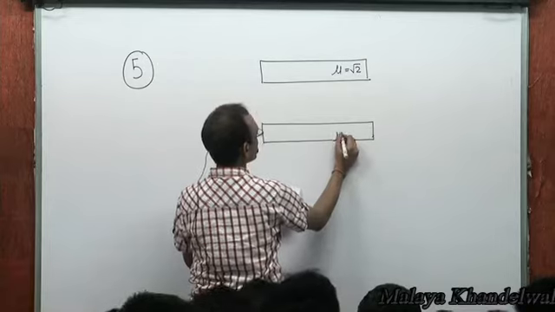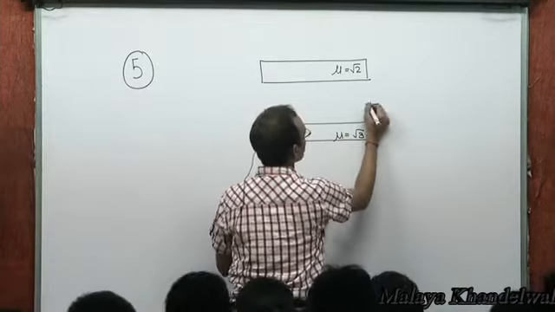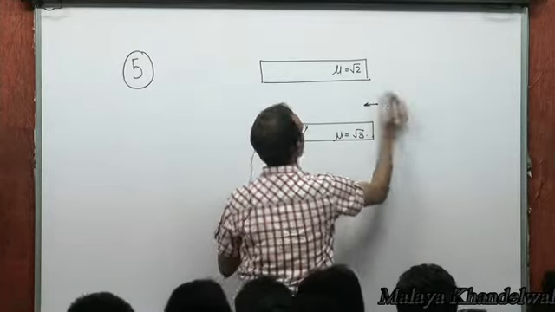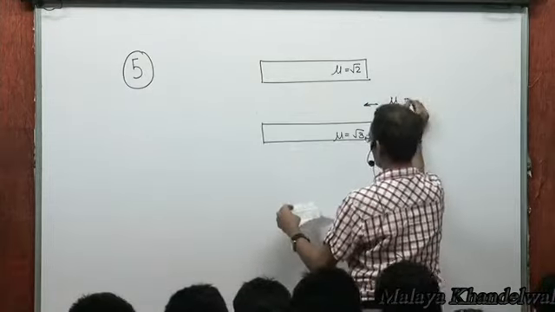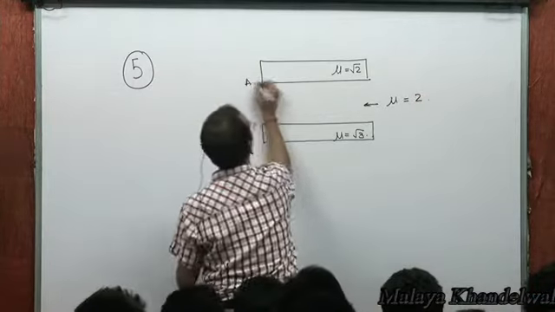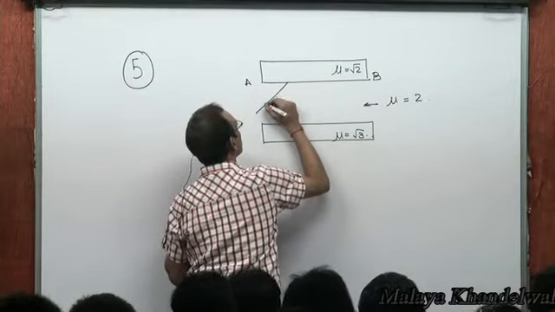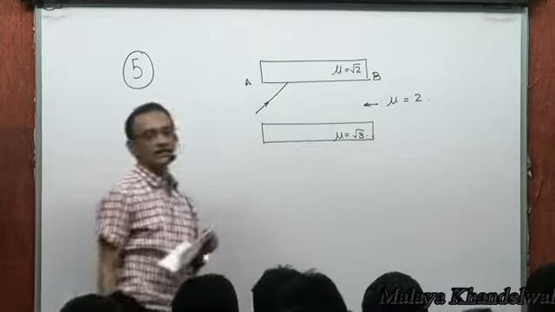There is a medium here with mu equal to root 3. And the region between the two media has mu equal to 2. Right? We are then talking of rays of light incident on AB.